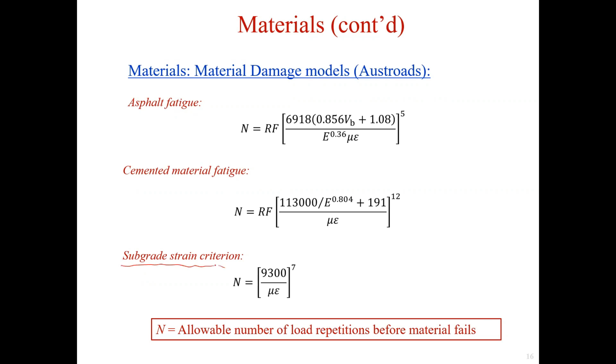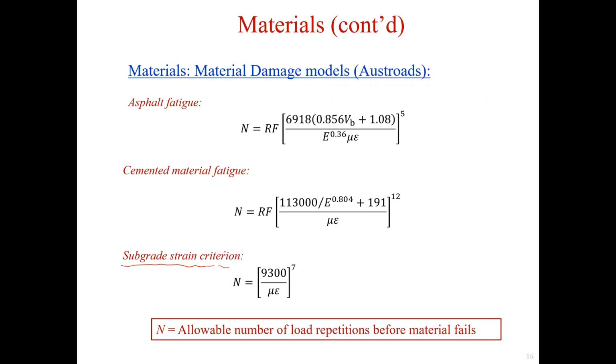This subgrade strength criterion is to limit permanent deformation of unbound granular materials and subgrade from an estimate of the subgrade strength. Just keep in mind that what we are talking about here is the strength in the pavement that relates to the deformation of the surface and the allowable loading in terms of the surface deformation.